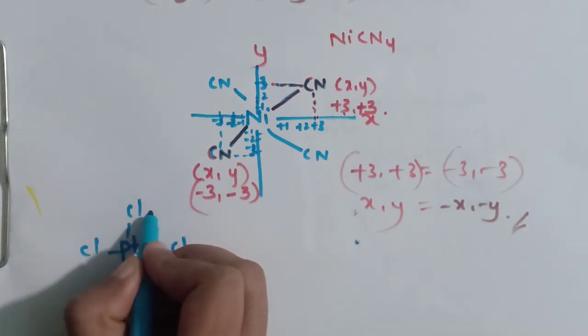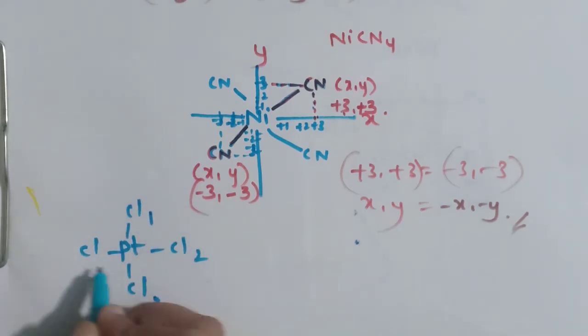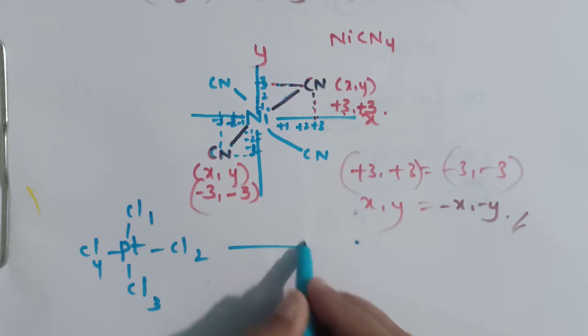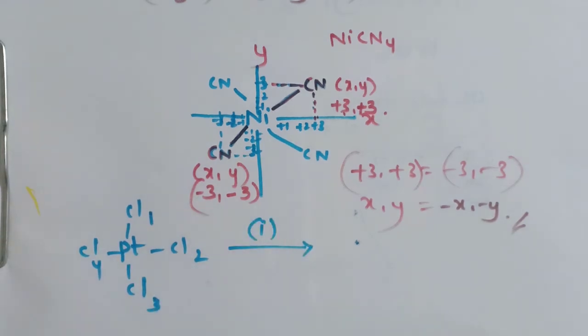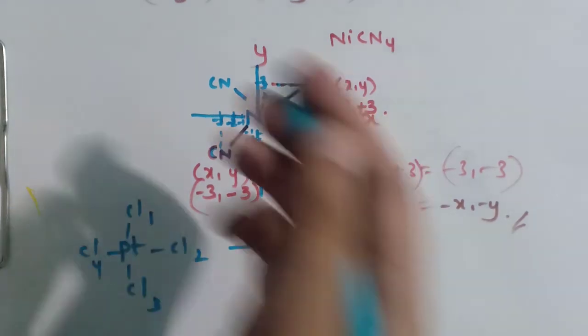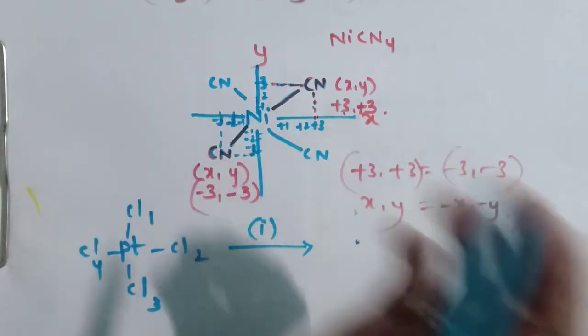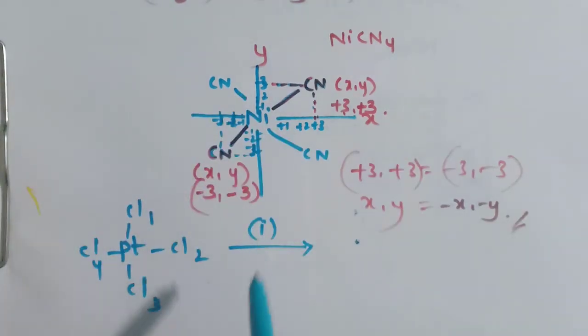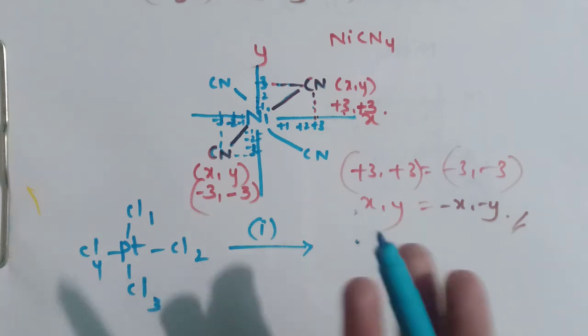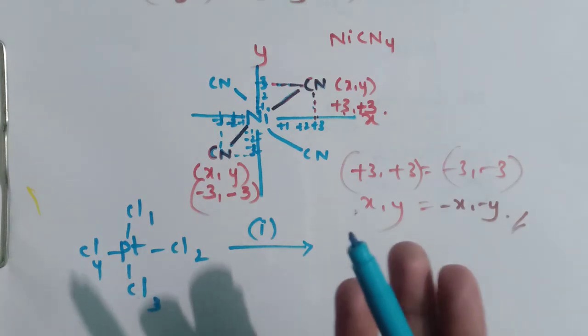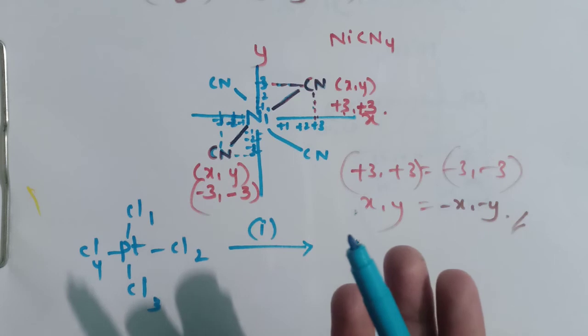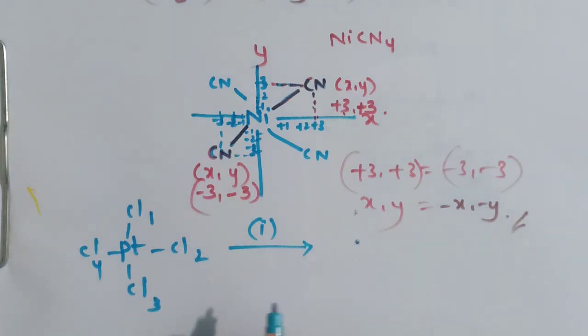Let's name the atoms 1, 2, 3, 4, and the inversion I is performed here. Inversion means the left atom should come to the right side and the right atom should come to the left side. The top atom should come to the bottom and the bottom atom should go to the top. Like this the inversion operation is carried out.